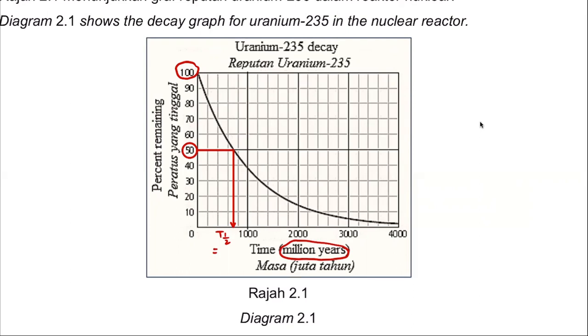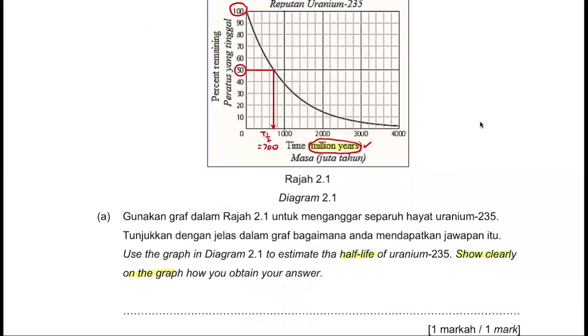Each of the line indicates 200 million. So this one is in between 600 and also 800. So it is estimated as 700 million years. Don't forget to write down the unit, million years.